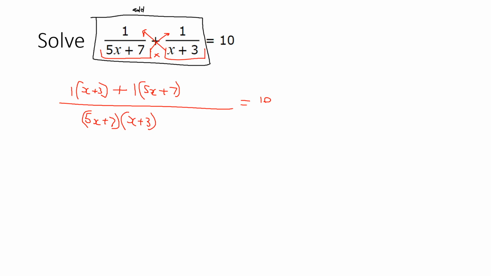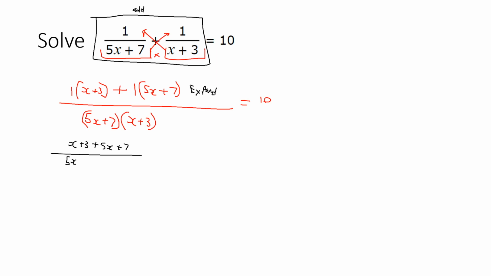Now what we can do is expand the numerator. So what we're left with is x plus 3 plus 5x plus 7 all over. We can expand the denominator as well.